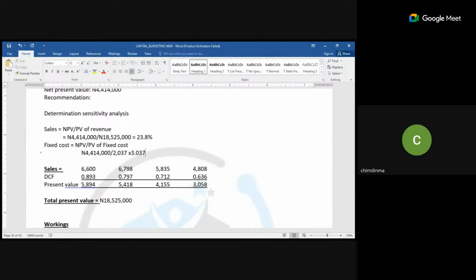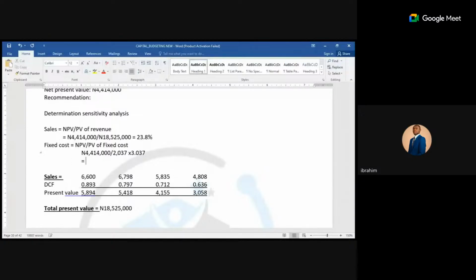Therefore, the sensitivity analysis is 414 divided by, when you multiply, what do you have? 6,186. So what do we have, times 100? Don't forget it's in millions. What do you have?